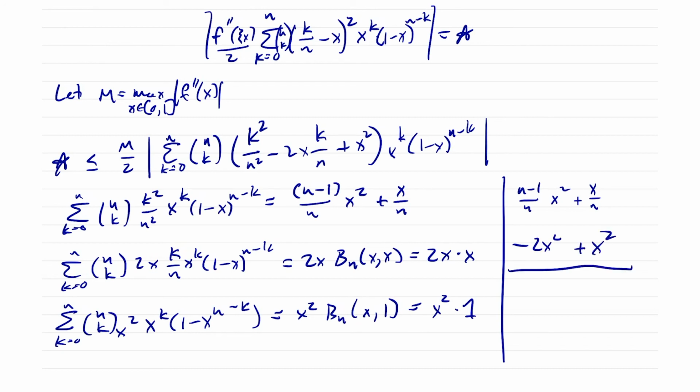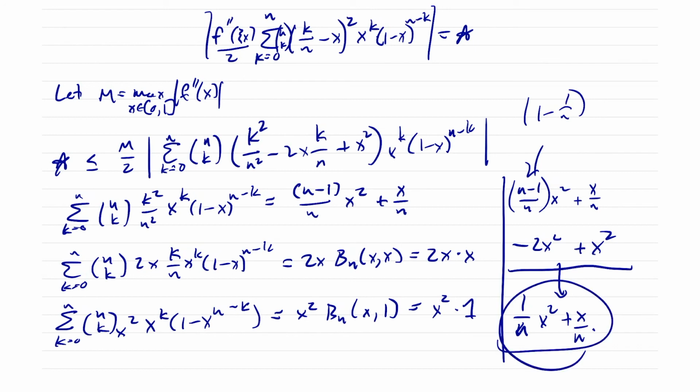This quantity here is 1 minus 1 over n, and we're going to have minus 2 plus 1, so that's minus 1. And what's left over is 1 over n times x squared plus x over n. Okay, good.